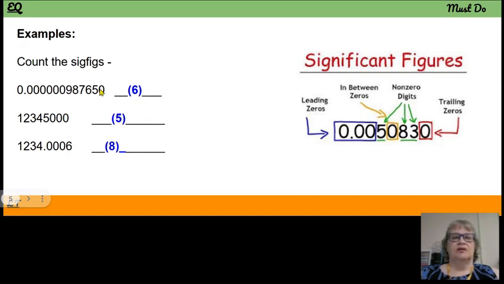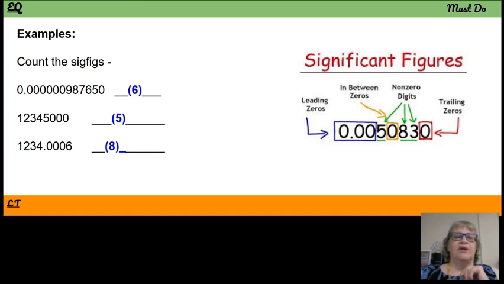Remember, the zeros at the beginning are not significant, so we don't count those. But we can pick up at the 9. So 9, 8, 7, 6, 5. Those are all non-zero digits, so all 5 of them count. And then the 0 at the end is on the right side of the decimal, so that one counts. That means there are 6 significant figures in that number.